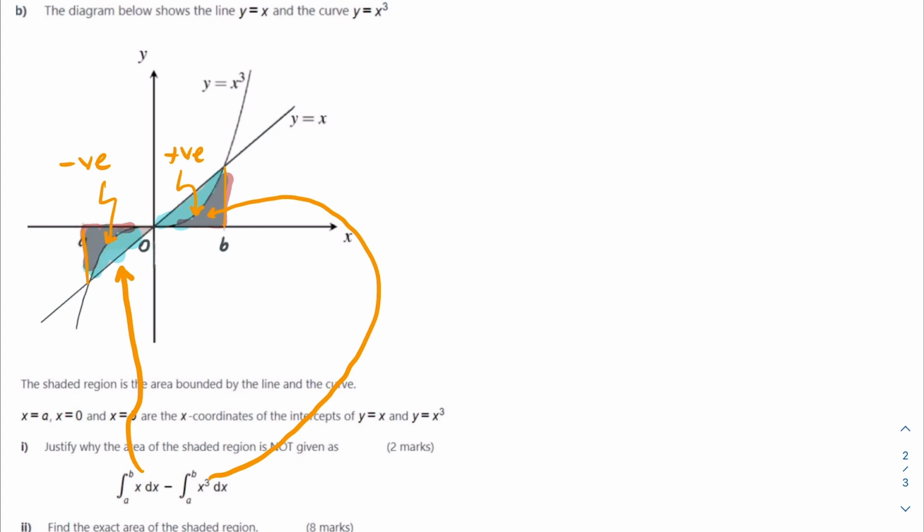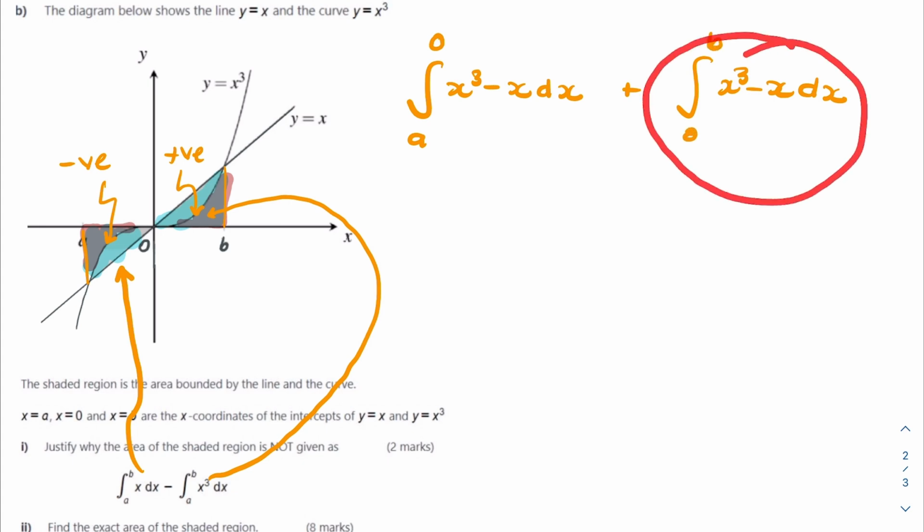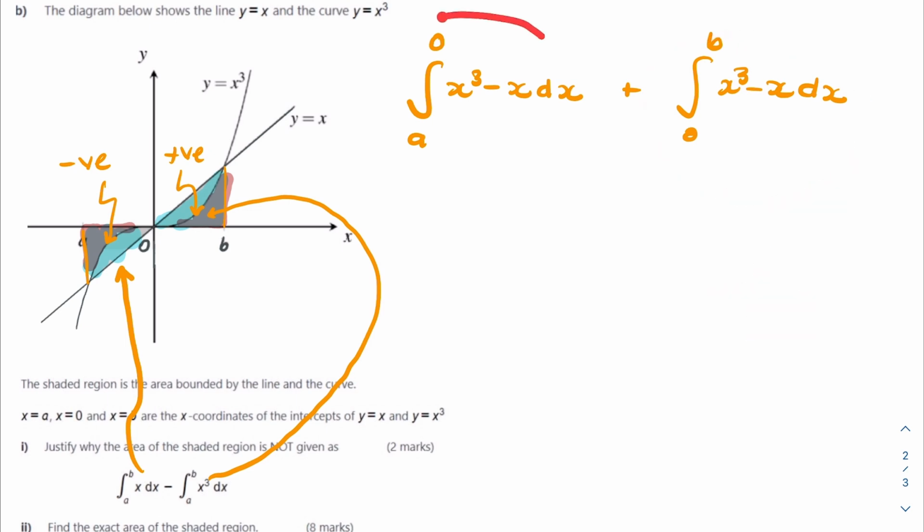So what we should do is split the integration into two. So we should say it's the integral of, say, x cubed minus x dx from a to 0 plus the integral of x cubed minus x dx from 0 to b. Now this is going to be a positive integration, and this will give you a negative integration.